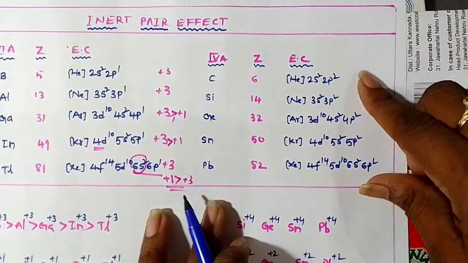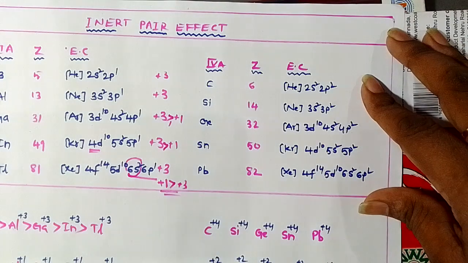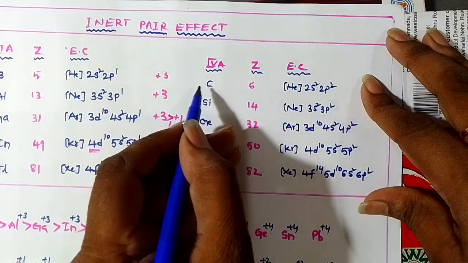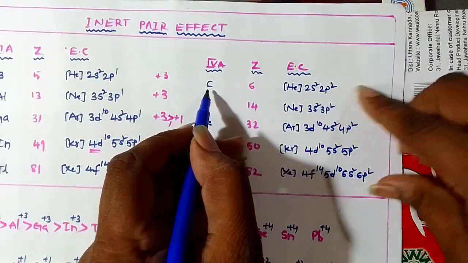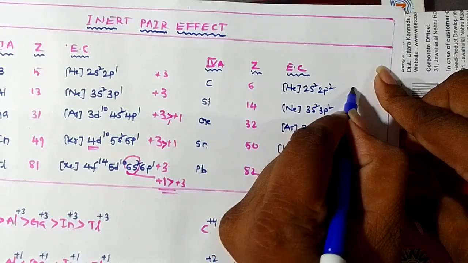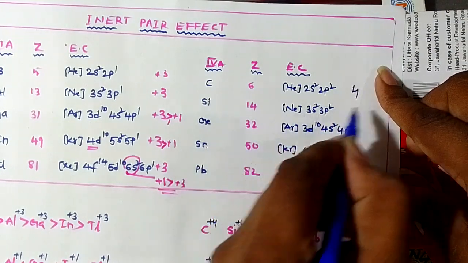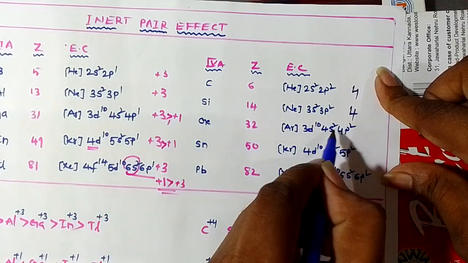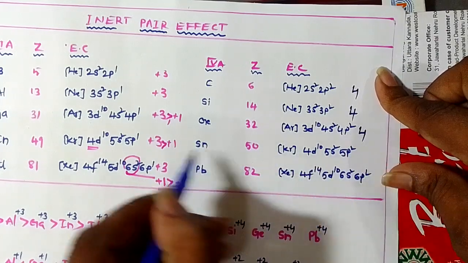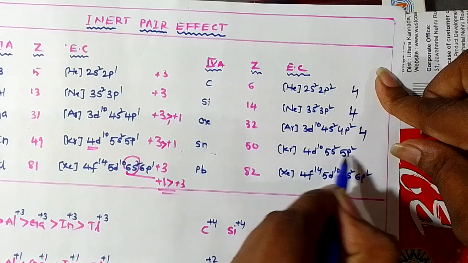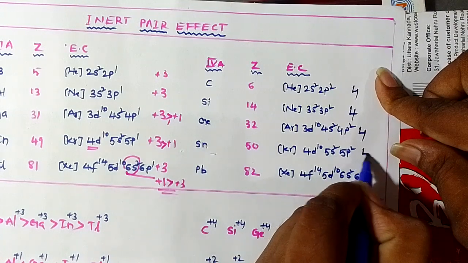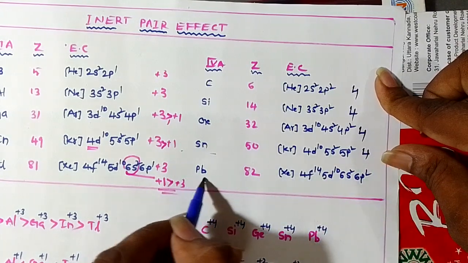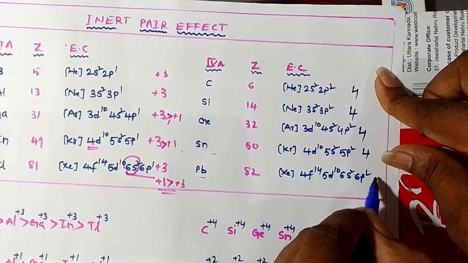Now coming to valence electrons. The number of electrons present in the valence shell are called valence electrons. In carbon, 2 plus 2, 4 valence electrons are present. In silicon, 2 plus 2, 4 valence electrons. In germanium, 2 plus 2, 4 valence electrons. In tin, 2 plus 2, 4 valence electrons. In lead, 2 plus 2, 4 valence electrons.